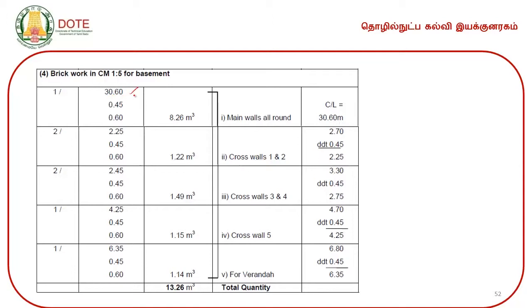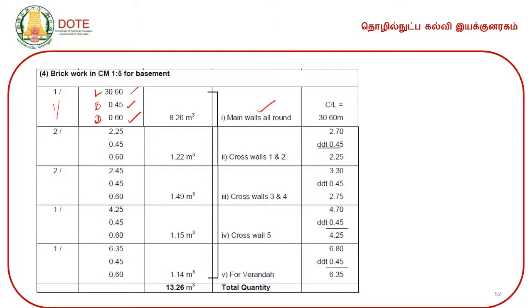Then basement breadth என்ன 0.45 meter, depth 0.6 meter. இந்த drawingல clear கொடுத்திருக்காங்க. Center to center length 30.6 meter, breadth 0.45 meter, depth 0.6 meter. இது இப்போ பார்த்தீங்கன்னா மெயின் வால் ஆல் அரவுண்ட் நமக்கு ஒரே ஒரு குவான்டிட்டி தான். அப்போ 1 பார்னு எழுதுகிறோம். This the length, this the breadth, this the depth.